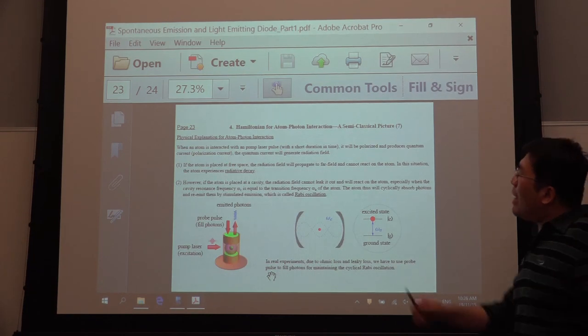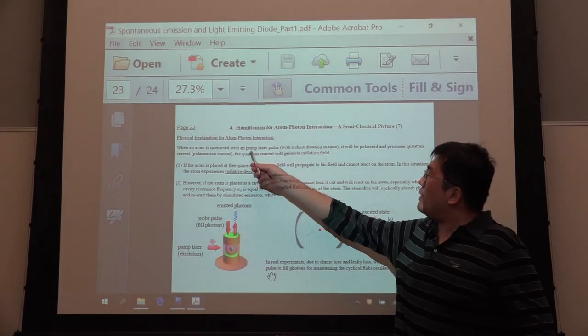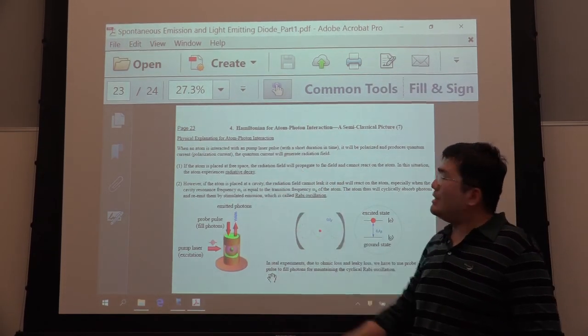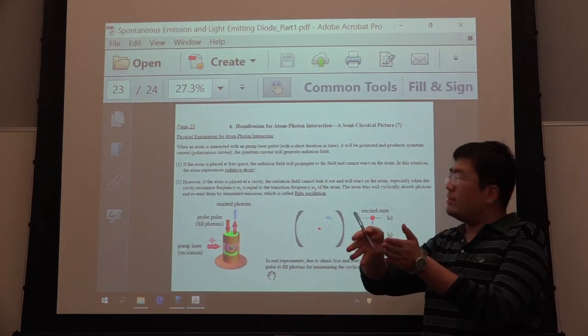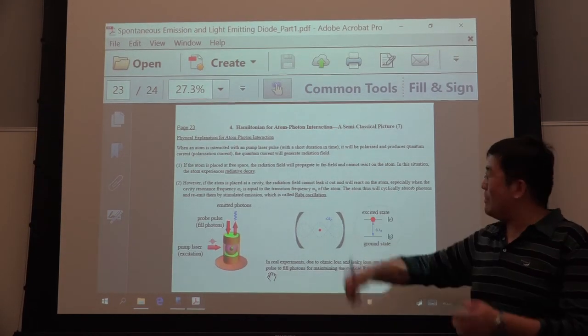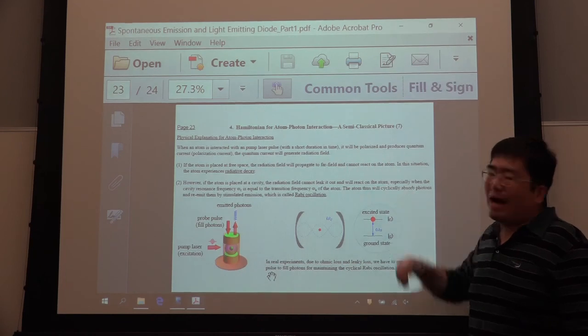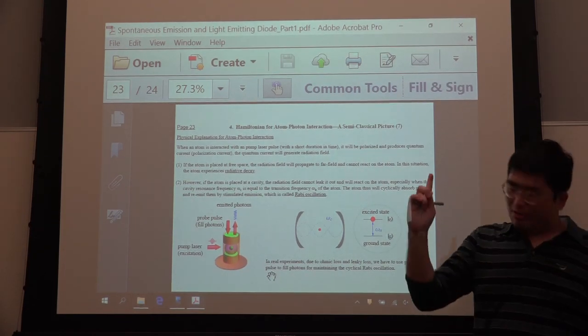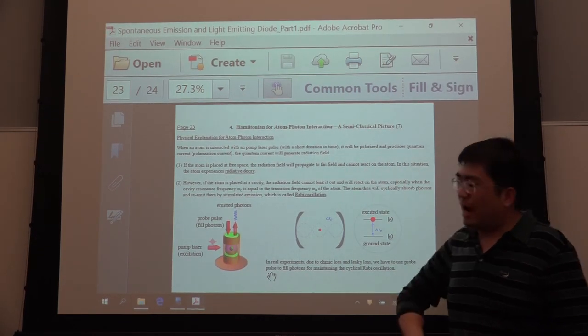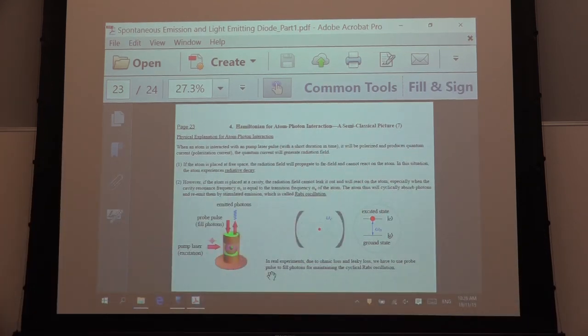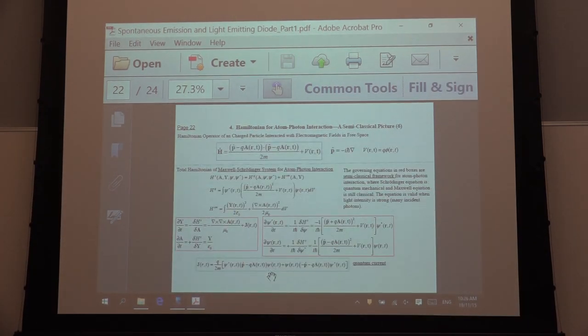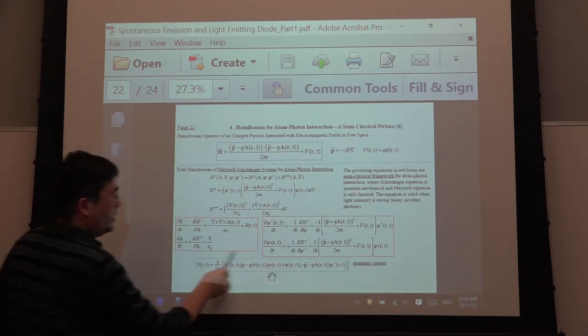So when the atom interacts with a pump laser, this laser has a very short duration. When it interacts with the laser, the atom will be polarized and produce a quantum current. This current is just produced by this atom, from this wave function.